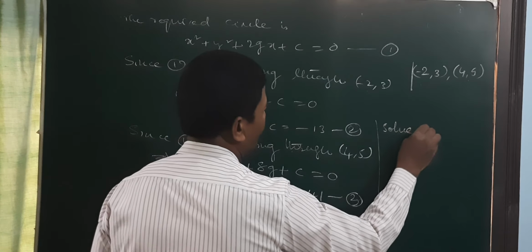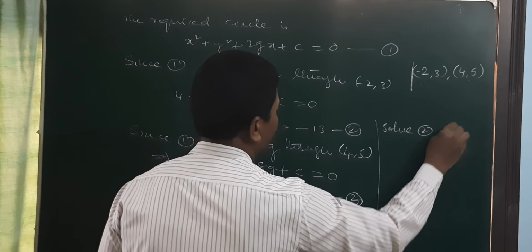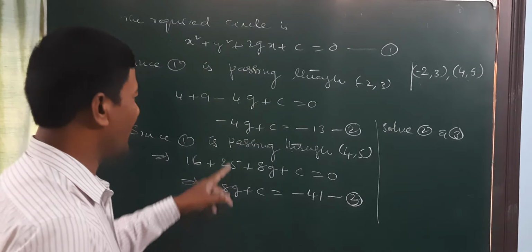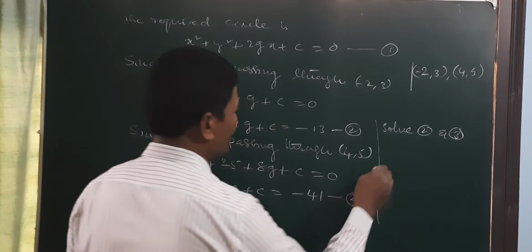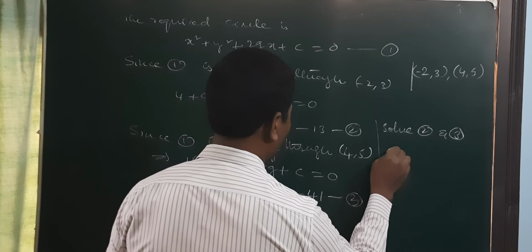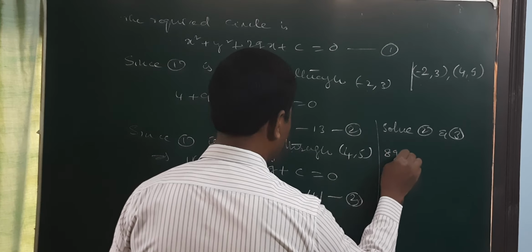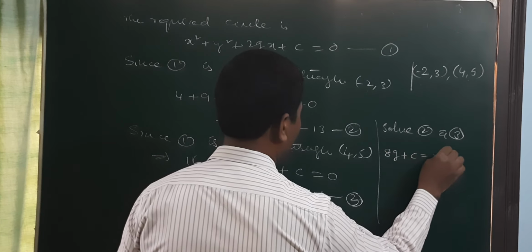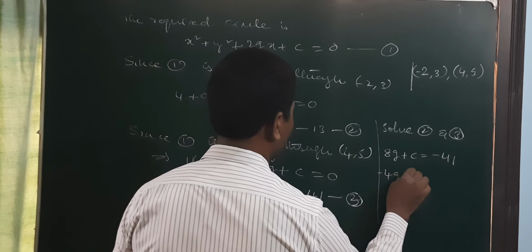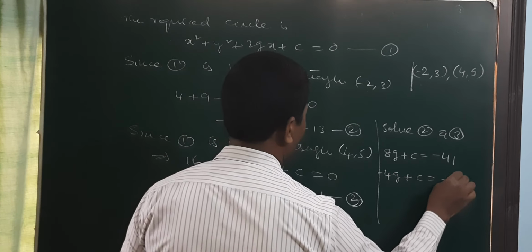Now we can solve equations 2 and 3. That is, subtract 2 from 3: 8g plus c is equal to minus 41, minus minus 4g plus c is equal to minus 13.